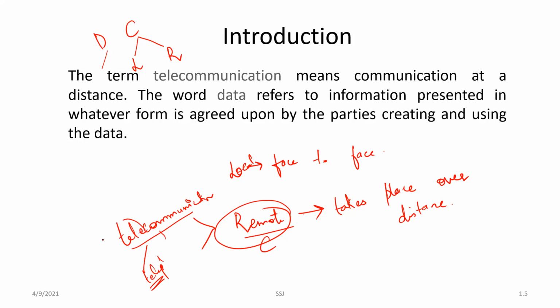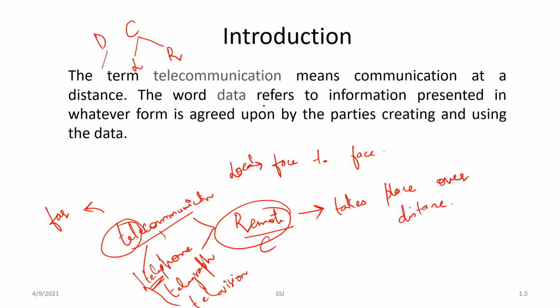Tele is a Greek word which means far, distant or remote. So telecommunication includes telephone, telegraph, which used to exist earlier, and also television. All of these, telephone, telegraph, and television, are for distant or remote communication.